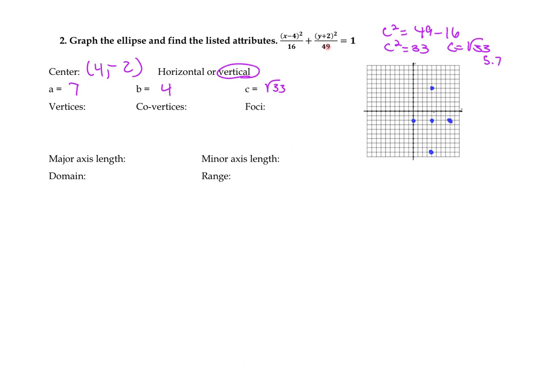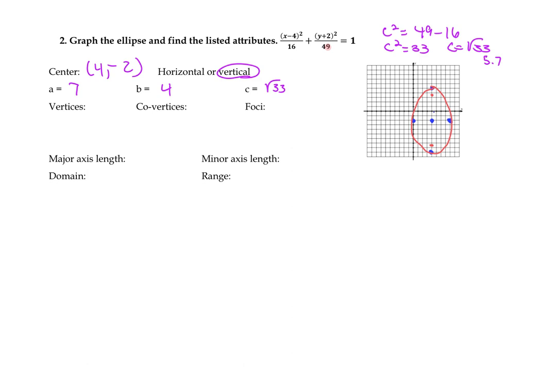Then I'm going to put the foci on, and that's at about 5.7. So about right there, and about right there. And so here is my ellipse.